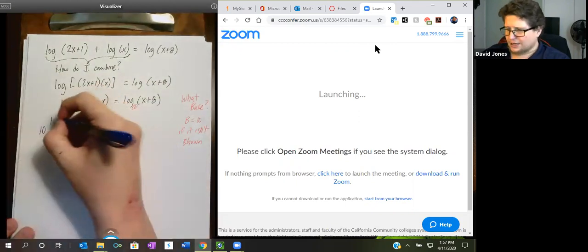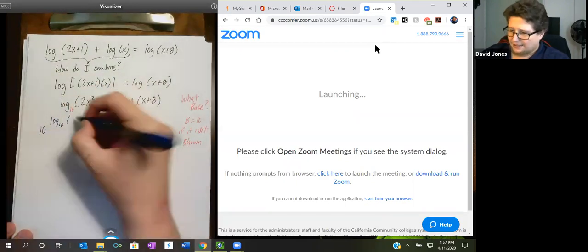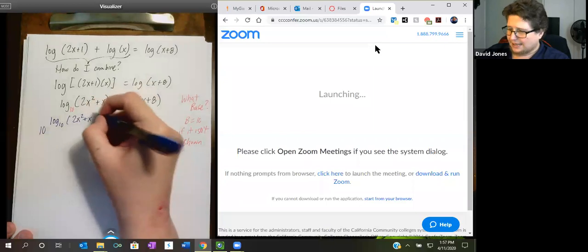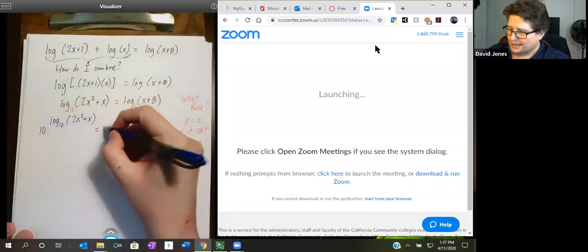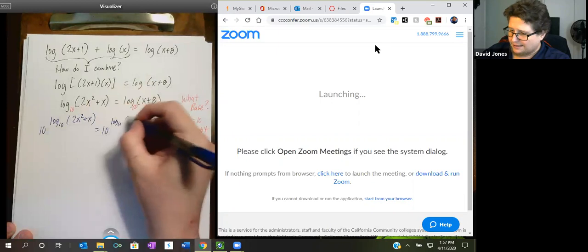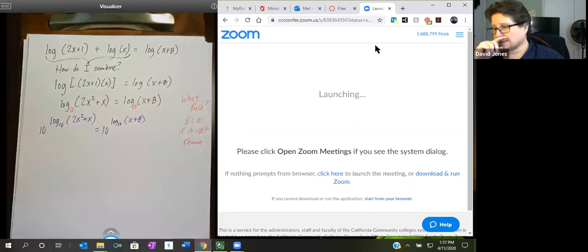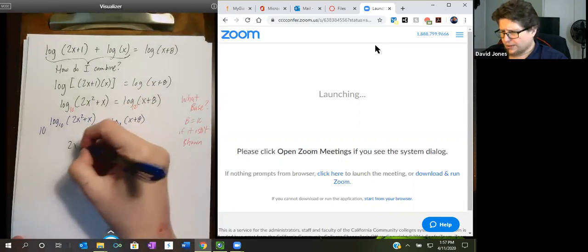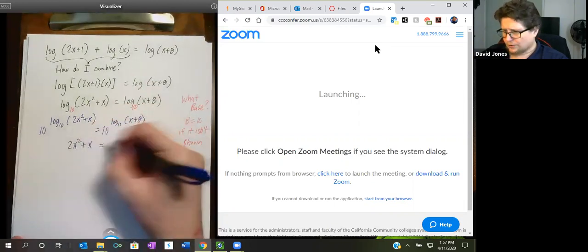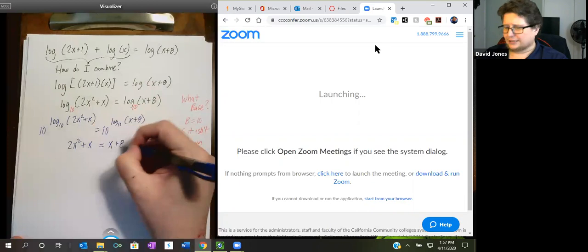So this is 10 to the log base 10 of 2x squared plus x equals 10 to the log base 10 of x plus 8. The 10 and log base 10 cancel, giving 2x squared plus x equals x plus 8.